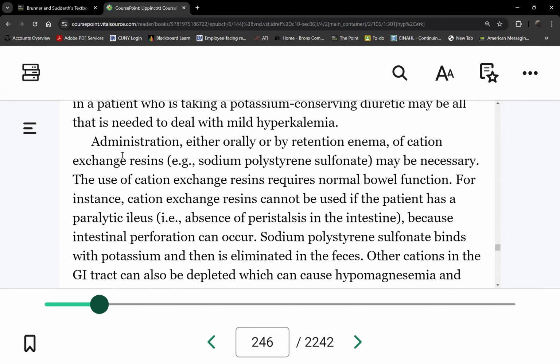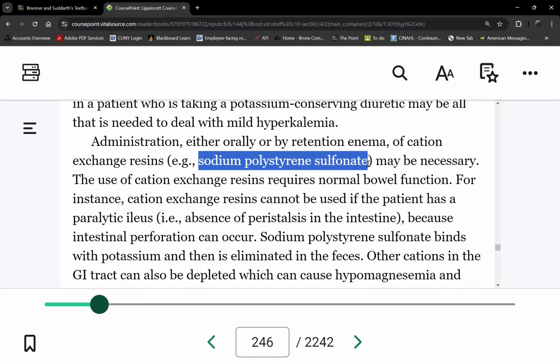You can also give cation exchange resins. This is the oldest drug available, sodium polystyrene sulfonate, more popularly known as Kayexalate. For those who work in hospitals, you've probably heard Kayexalate. This is the generic name.